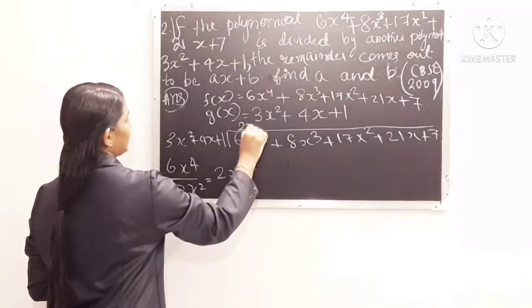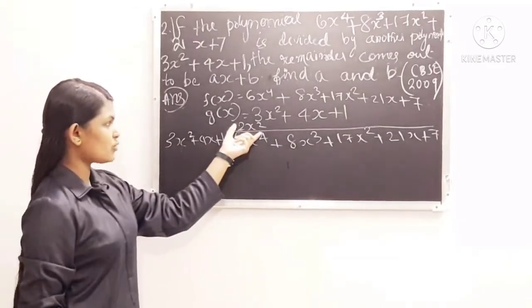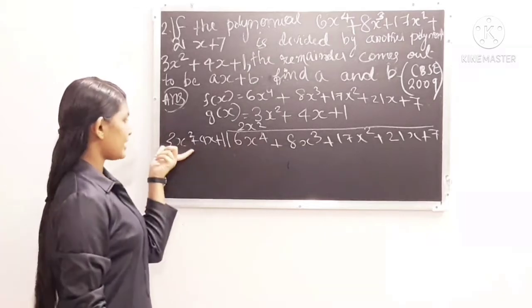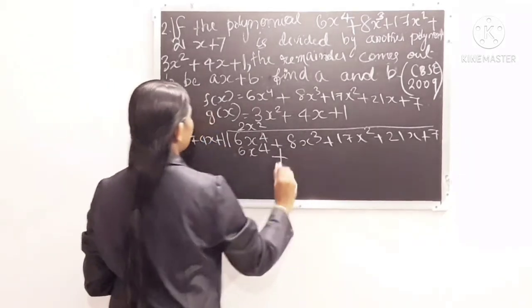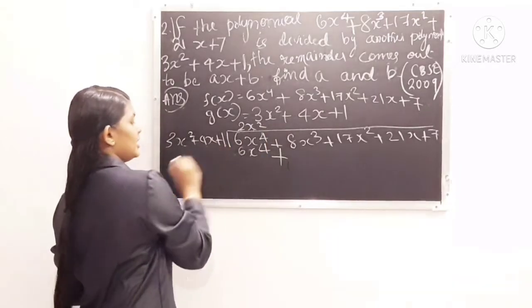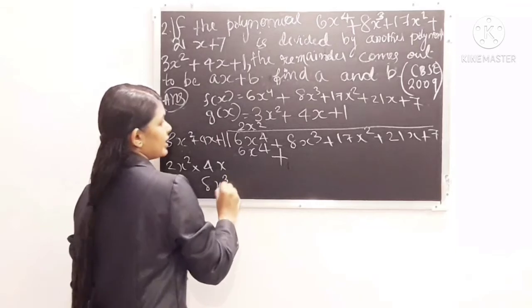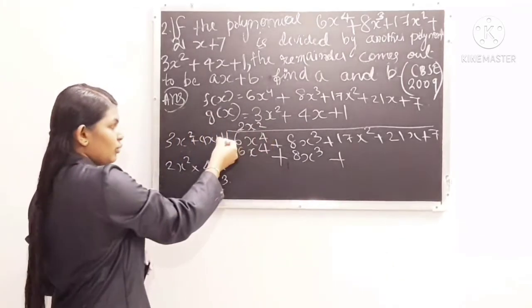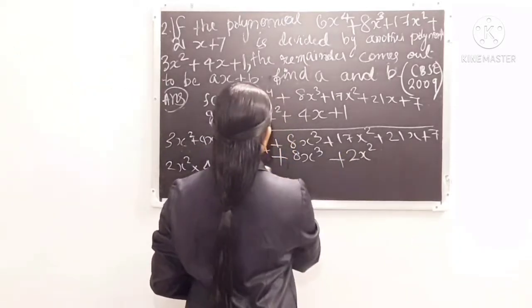So we put 2x squared here. Then we multiply this 2x squared by each of these terms: 2x squared into 3x squared is 6x raised to 4, plus 2x squared into 4x is 8x cubed, plus 2x squared into 1 is 2x squared.